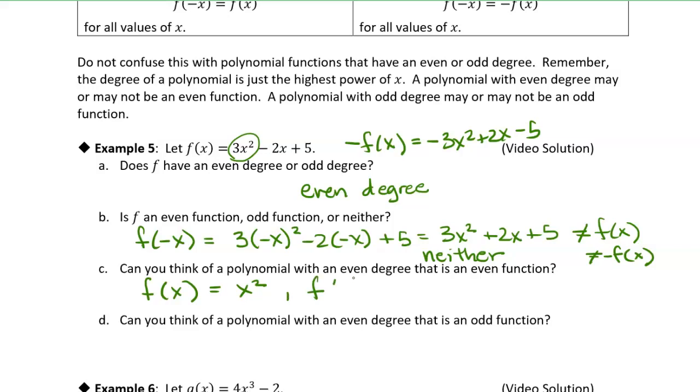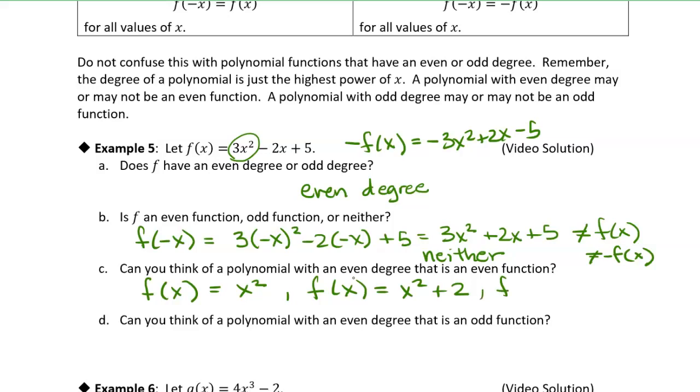Let's see if we can find another one, right? We could have something like x squared plus 2. Again, if I put in negative x and evaluate f of negative x, this x squared just stays x squared because I'm squaring a negative, it becomes positive, and the 2 doesn't change at all. So this would be another one that has an even degree and it is an even function.